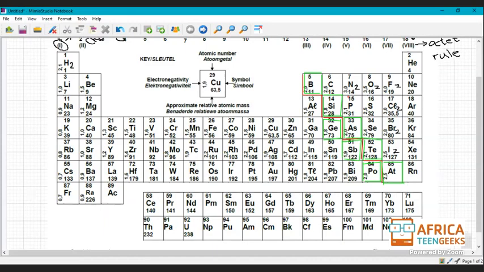Electronegativity tells us whether electron transfer or electron sharing is going to happen. And if electron sharing happens, it tells us which of the two atoms is going to pull those shared electrons closer to it.